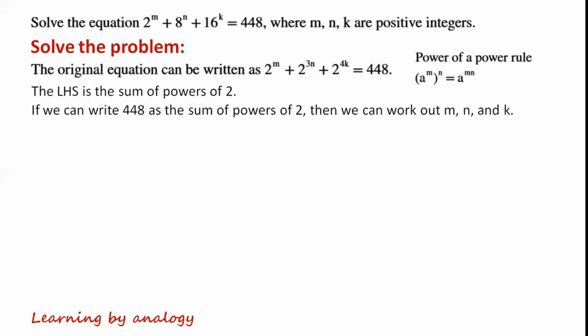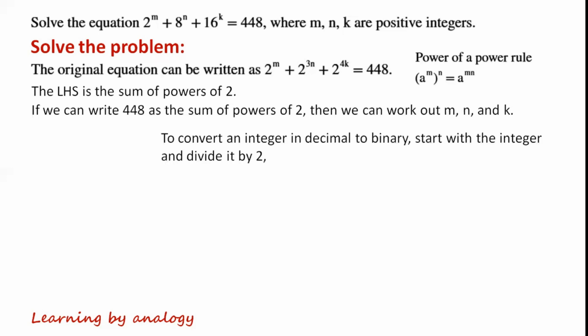To convert an integer in decimal to binary, start with the integer and divide it by 2. 448 divided by 2 equals 224 plus 0.